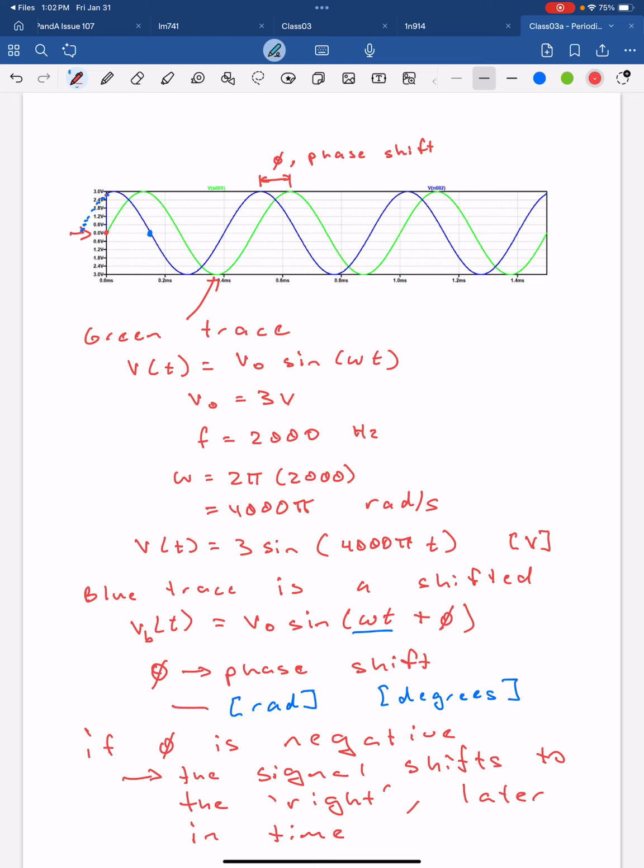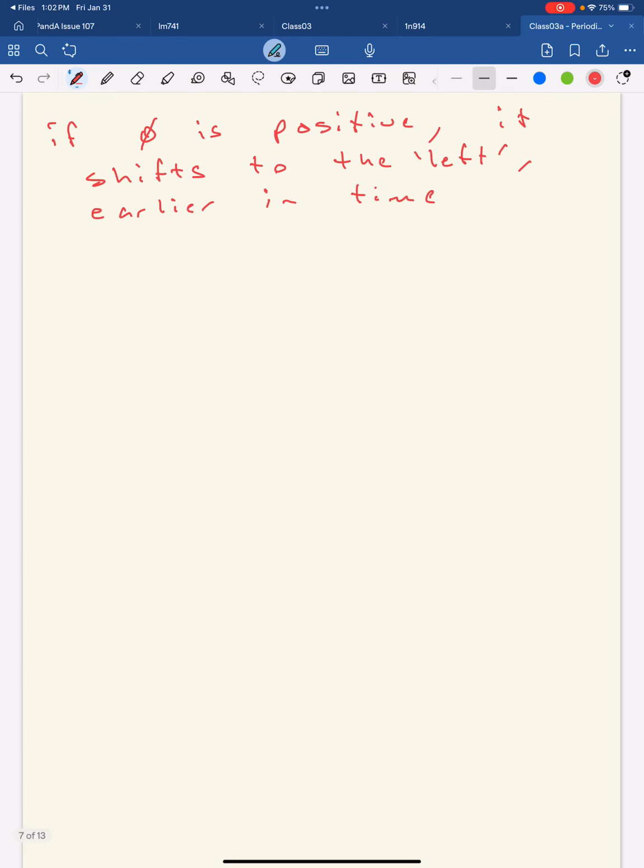Now, I did say we have units radians or units degrees. I put little arrows down at the bottom, and we can use either one. But when we're looking at a plot like this, to get our phase shift we have to do a little bit of mathematics. This is a sinusoidal signal. One cycle of a sinusoidal signal corresponds to 2 pi radians.